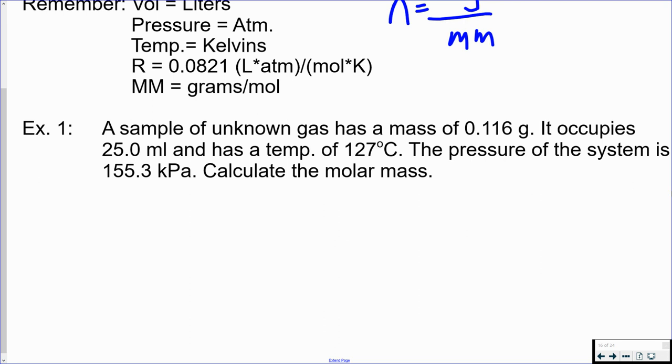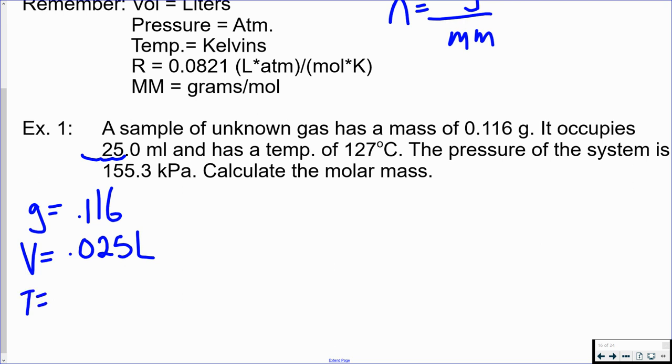So it's an unknown gas. We have grams of it at 0.116. We have a volume. Now it's got to be in liters, so you're going to move this decimal place 3 spaces over, giving us 0.025 liters. Temperature needs to be in Kelvin, so we're going to add 273 plus 127, giving us 400 Kelvin.